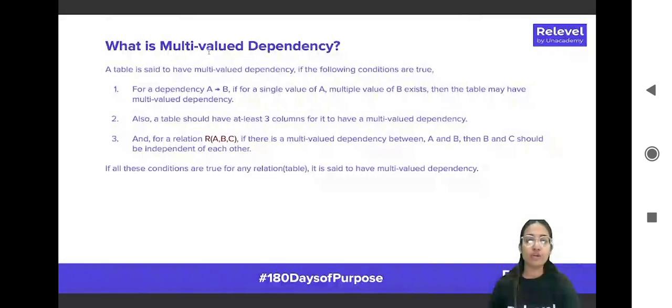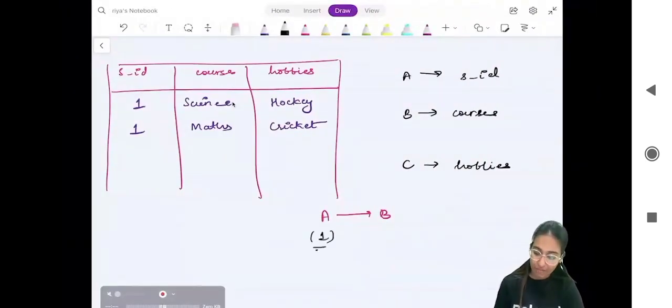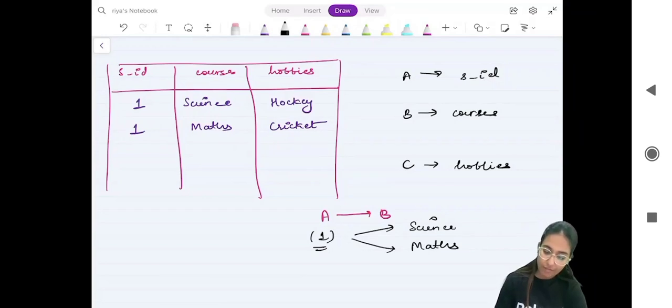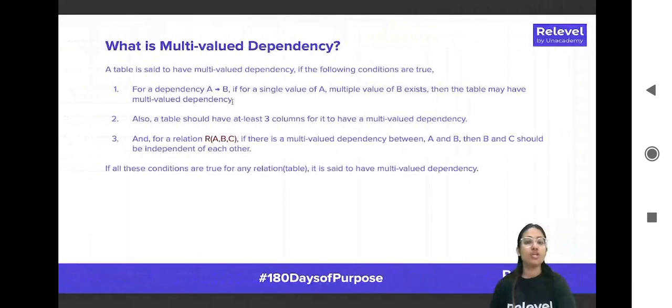Here what you can see is for a dependency from A to B, for a single value of A, which is 1, multiple values of B exist, where A is the ID and B is the courses, correct? For a single value of student ID 1, there are multiple options existing. So the first condition is satisfied, right? If I have A to B, for a single value of A, multiple values of B exist.